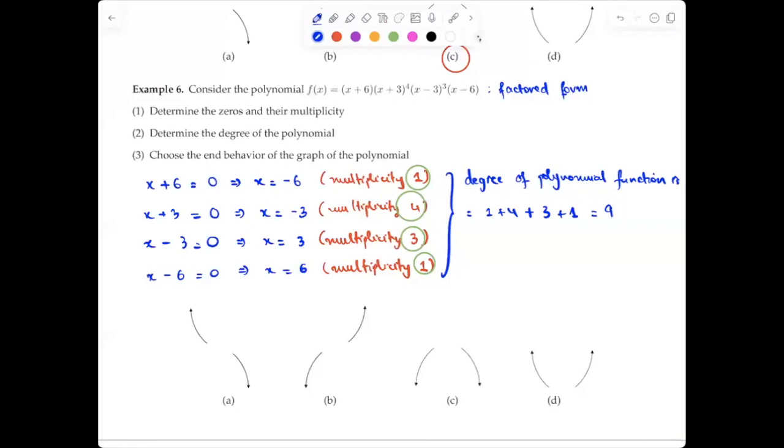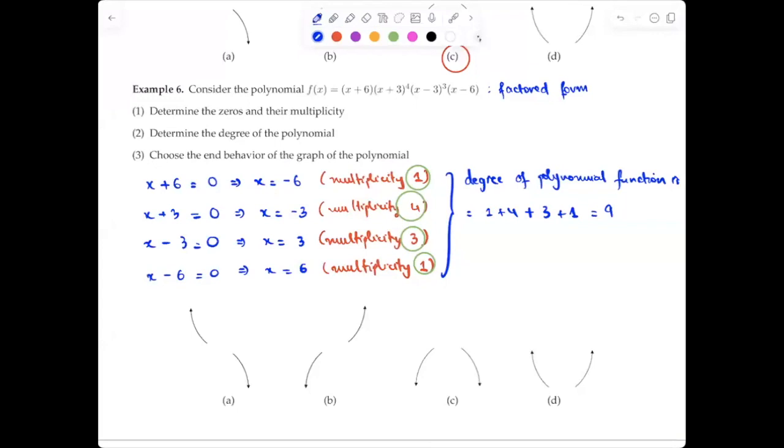So when you choose the end behavior of the graph of the function, you can ignore C and D, because C and D are the graphs of even functions, or polynomial functions of even degree. Okay, so the choice is either A or B. Now, to get A or B, you should look at the degree of the polynomial function. Of course, 9 is an odd number.